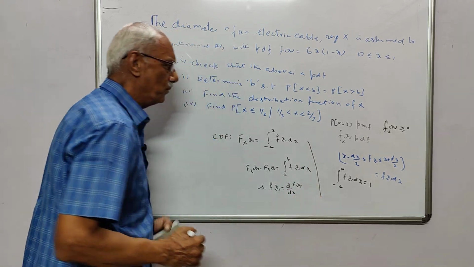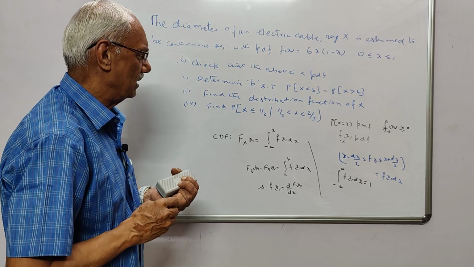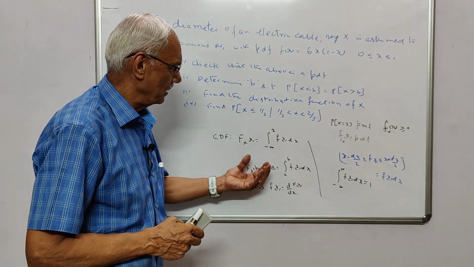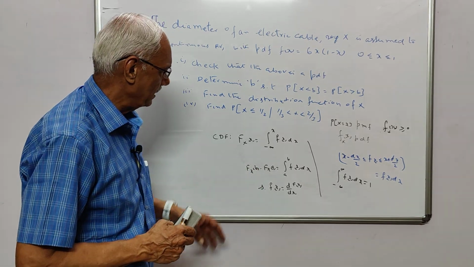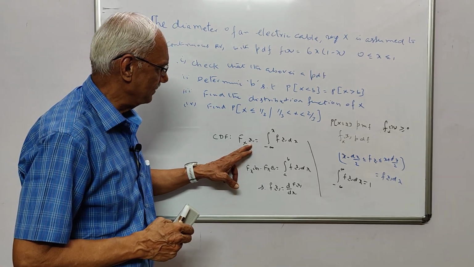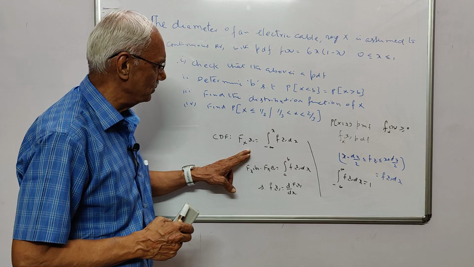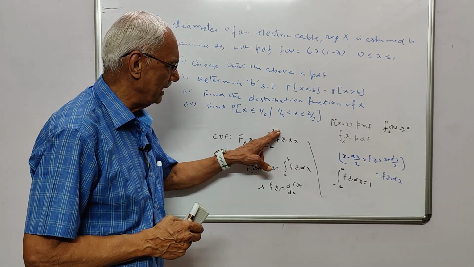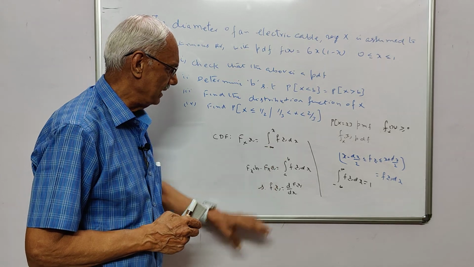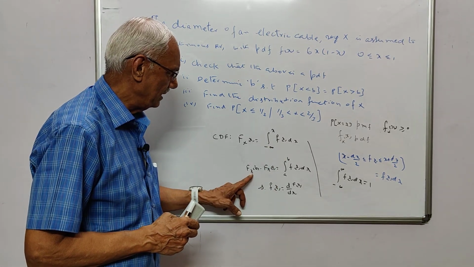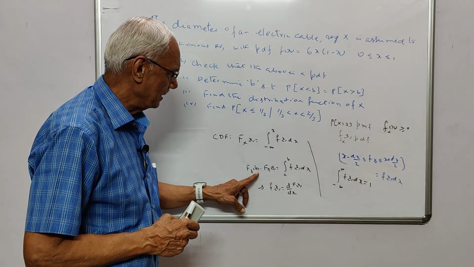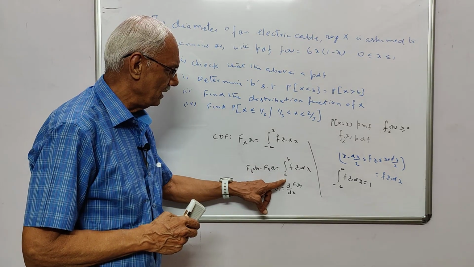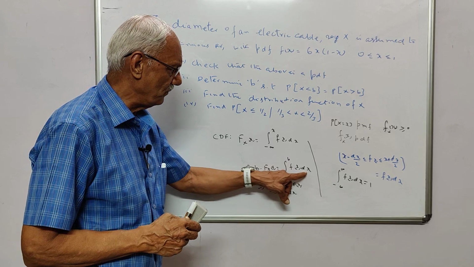So some of the important definitions and properties I write here. F_X of x, which is the cumulative distribution function, is given by the integral from minus infinity to x of f of x dx, and F_X of b minus F_X of a is equal to the integral from a to b of f of x dx.